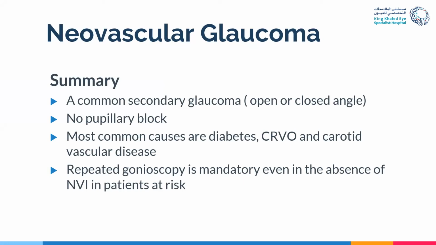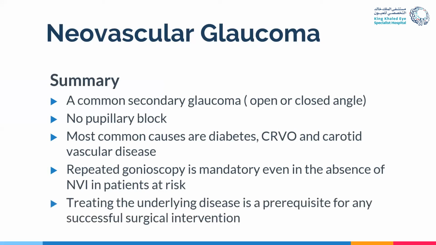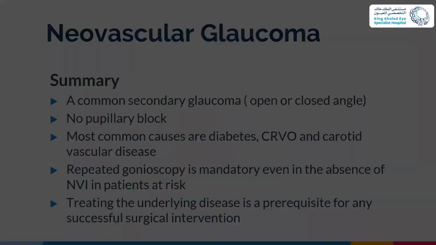As we mentioned, in 12% or so, the MVA appears before MVI. Treating the underlying disease is a prerequisite for any successful surgical intervention, regardless of which surgery you are going to do. This will give you the optimal chance for success, whether trabeculectomy, tube surgery, CPC, or whatever.